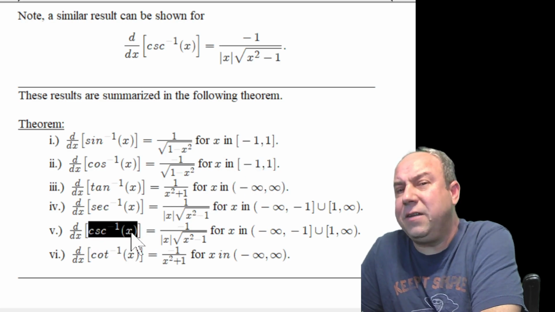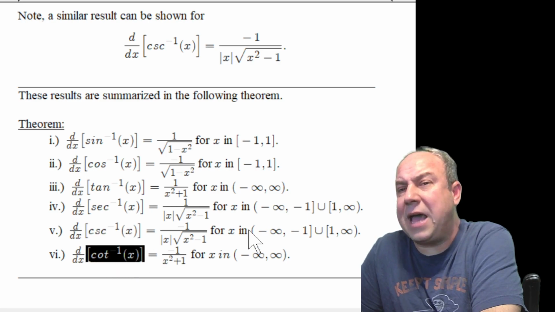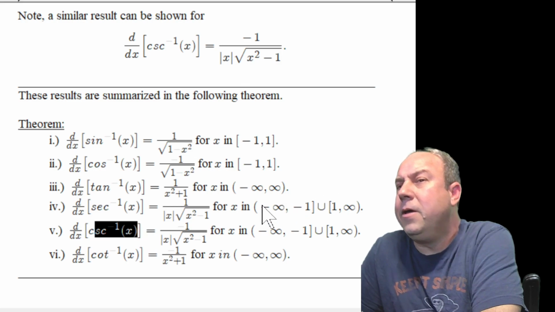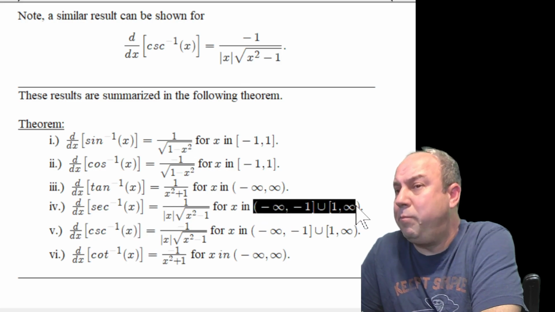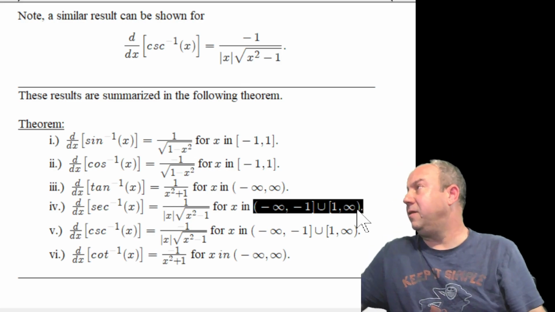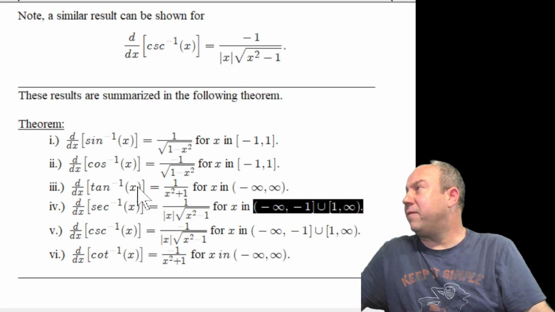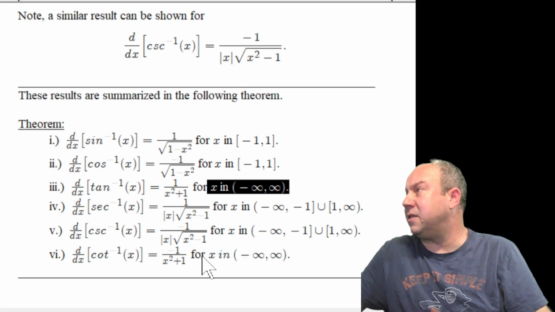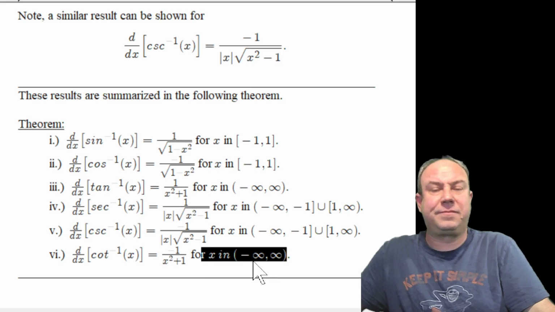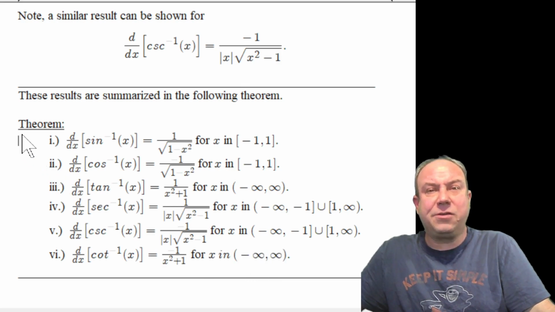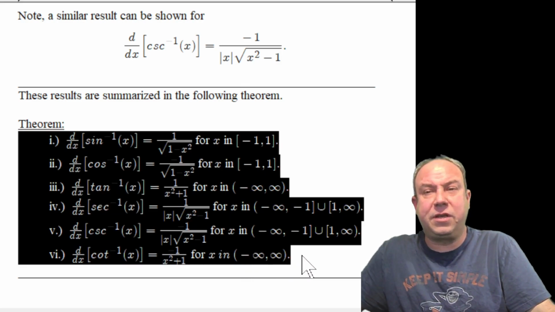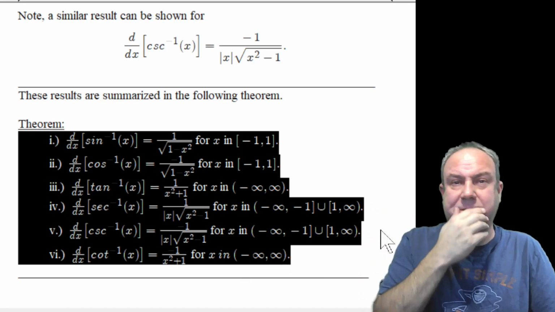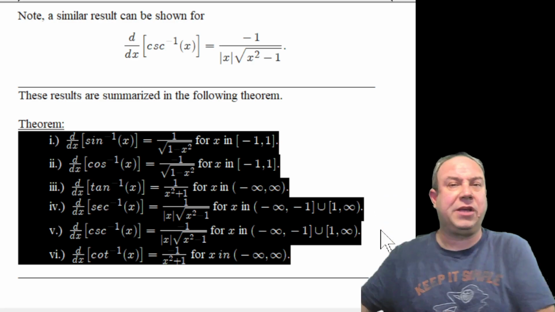For secant inverse and cosecant inverse, the absolute value has to be greater than or equal to 1. And for tangent and cotangent, x can be any value from negative to positive infinity. And these are our 6 derivative results for the inverse trigonometric functions, the sine inverse through the cotangent inverse function here.